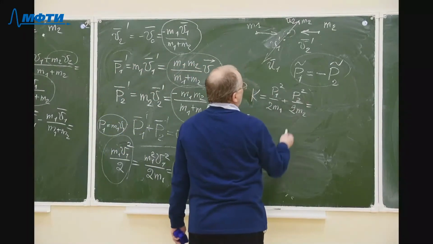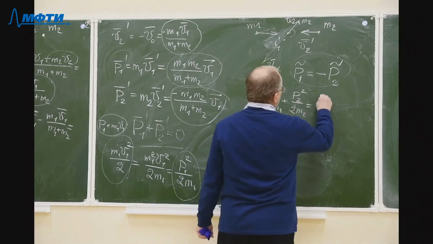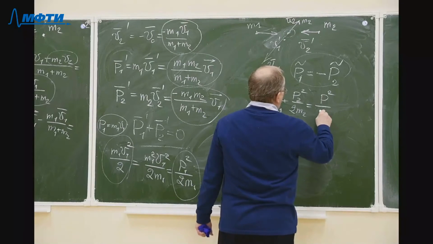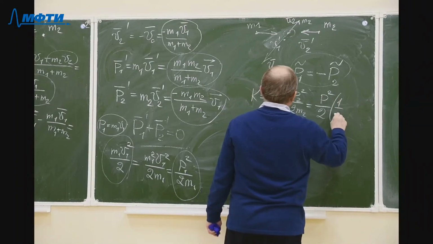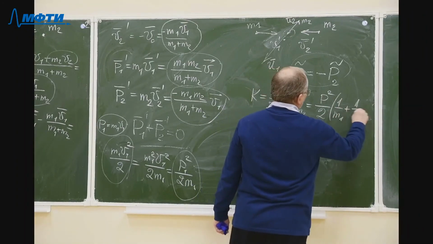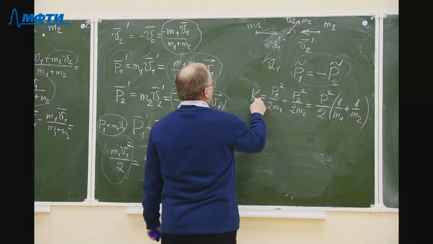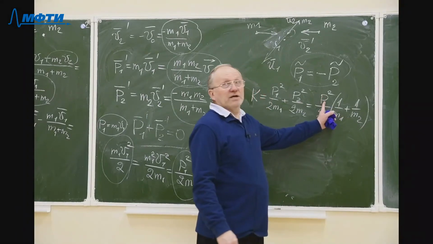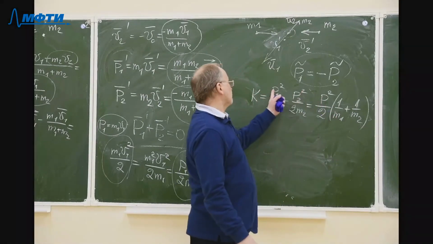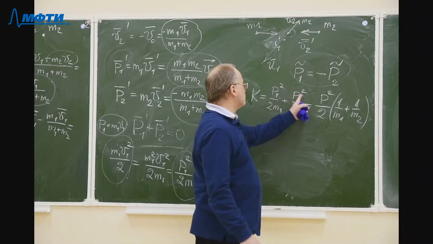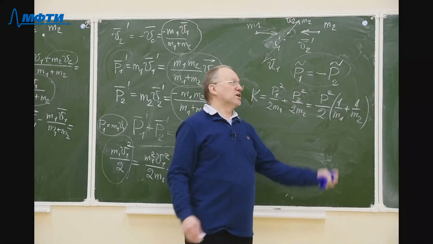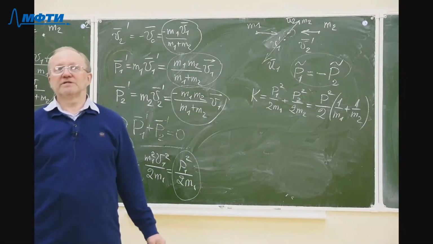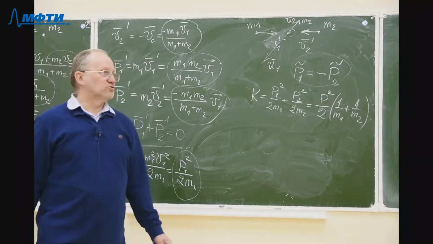So as they are equal, I will denote them simply by p squared, where p is either p1 or p2, divided by 2, and here I will have 1 over m1 plus 1 over m2. So that's the total kinetic energy before the collision of two particles, where p is the momentum of either the first particle or the second particle. In magnitude, these two momenta are equal, because we are in the system attached to the center of mass of the two particles.